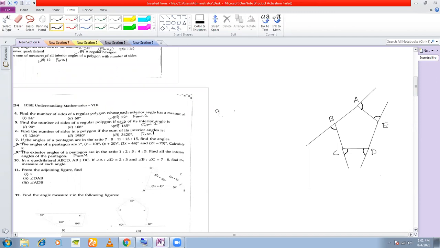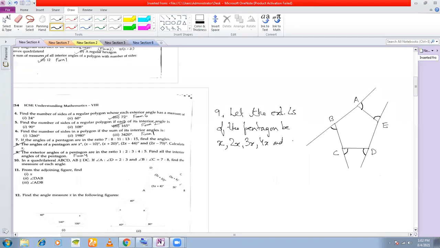Now, if the ratio of the angles are given, exterior angles, then what can I take the angles? Let the exterior angles of the pentagon be. If the ratio is given, then I can take x, 2x, 3x, 4x, and 5x.